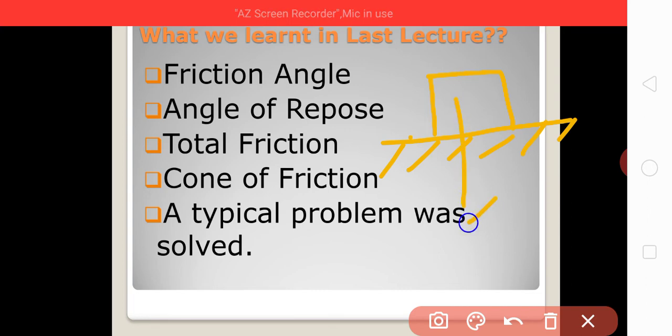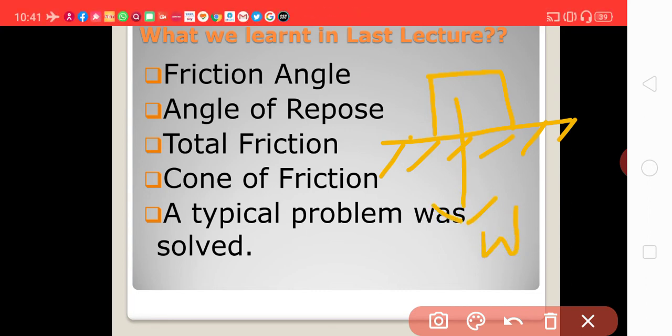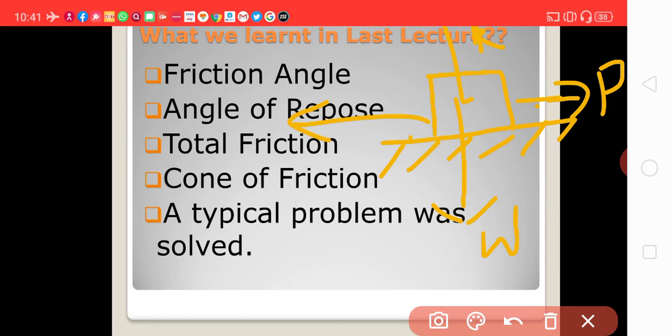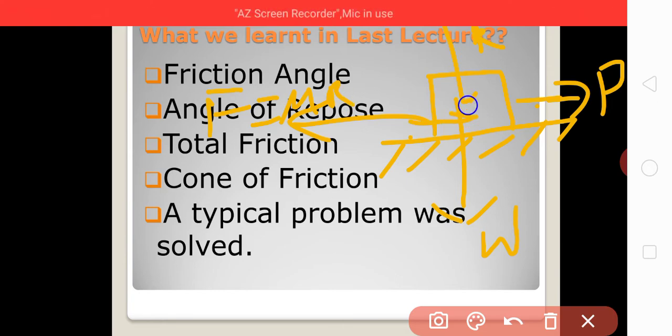The weight is acting downward, reaction is acting upward, the external force applied is towards the right, then frictional force will be this way, F equal to mu R. This is the center of gravity of the block.